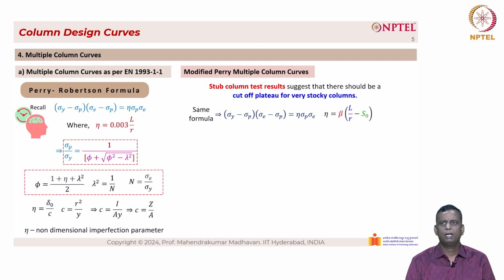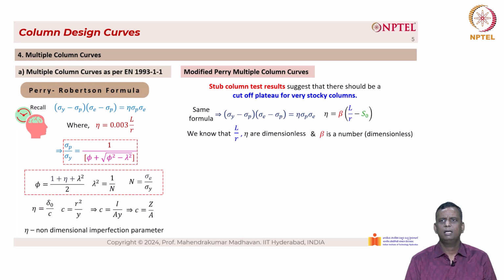We simply modify eta equal to beta into L by R minus S naught. From this equation, we know that L by R is dimensionless, eta is also dimensionless, and beta is simply a number which is again dimensionless. Therefore, S naught should also be dimensionless.